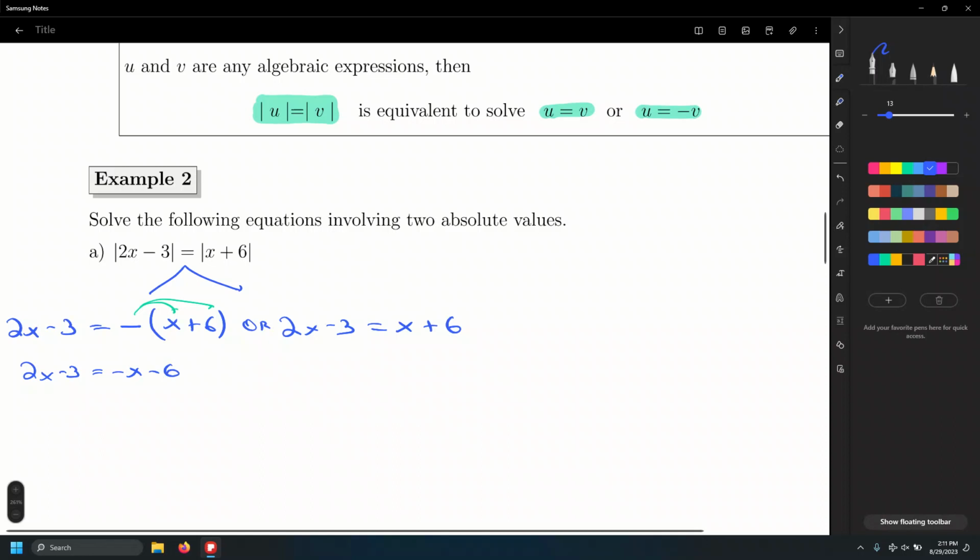Recall that to solve equations, move all the variables to the left and all the constant values to the right. That is, add x to both sides, and 3x minus 3 equals, cancel these two, negative 6. Then let's solve the linear equation: add 3 to both sides, and then get rid of the other 3 by dividing both sides by 3.